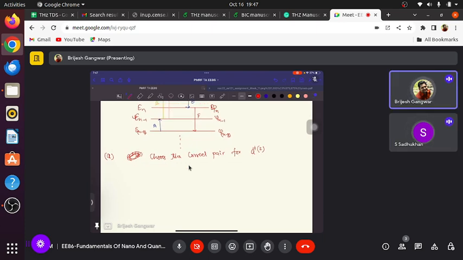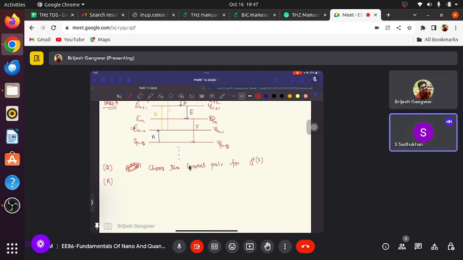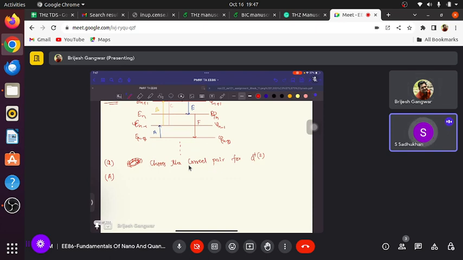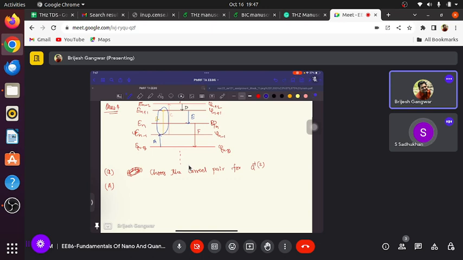Sir, B would be the right option, it was given in our previous assignment. Why option B? Because it is a creation operator, so the state changes from n minus 1 to n minus 1 plus 2, so that would be the right option.